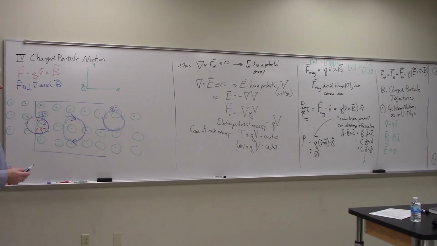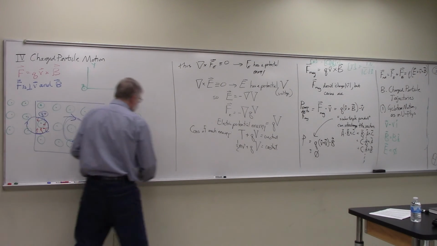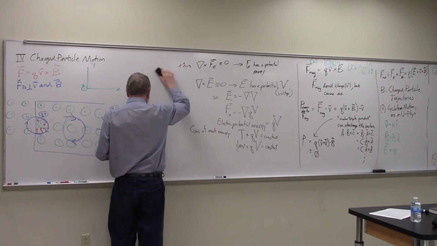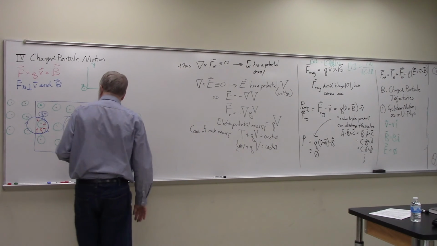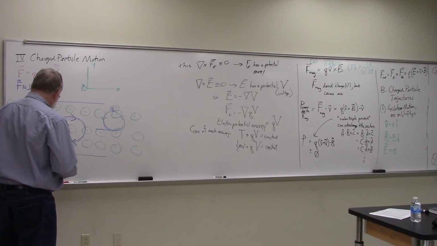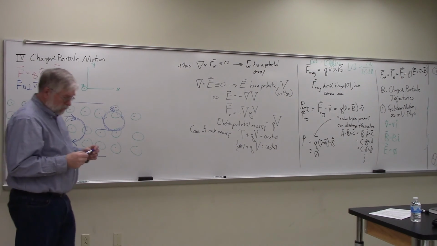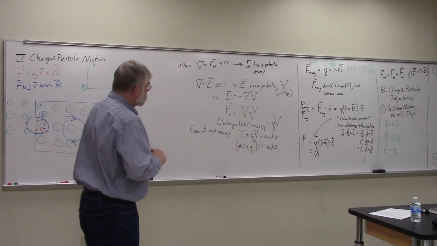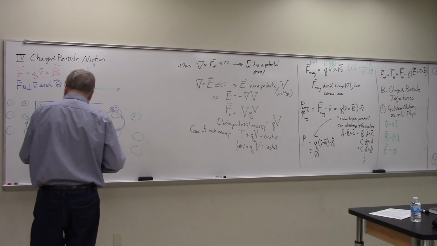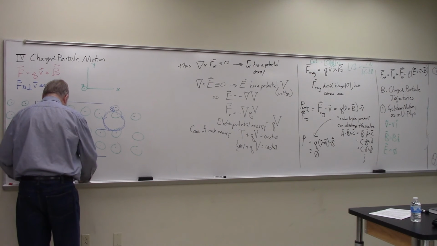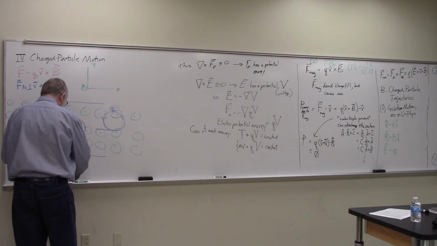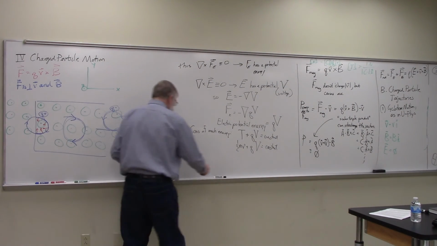This is called cyclotron motion. Cyclotron was one of the original atom smashers, in which they were able to affect the motion of charged particles. Not speed them up, not slow them down, but affect the motion of charged particles. And it turns out they could measure some of their kinematical and dynamic properties, mechanical properties, based on that circle.